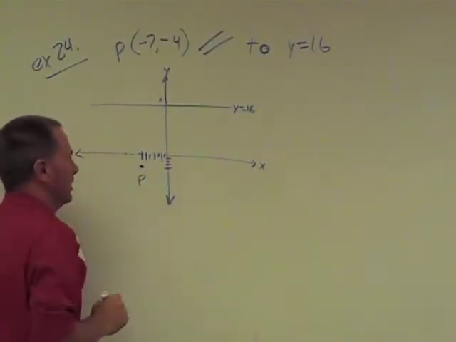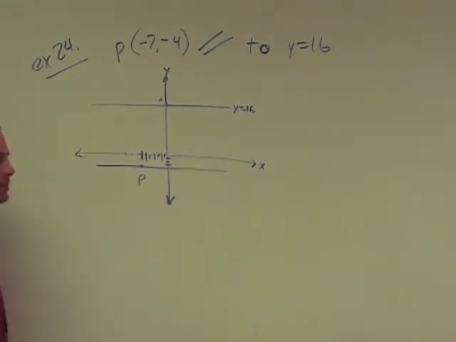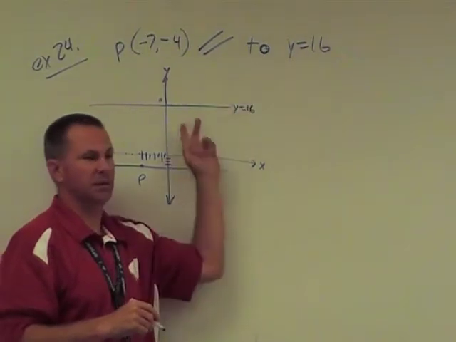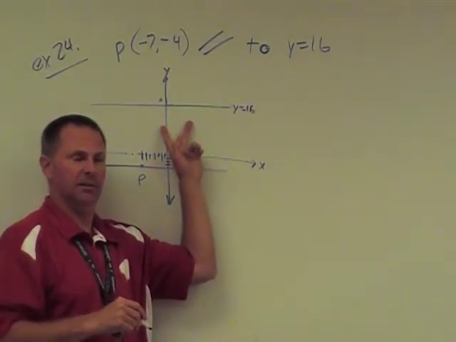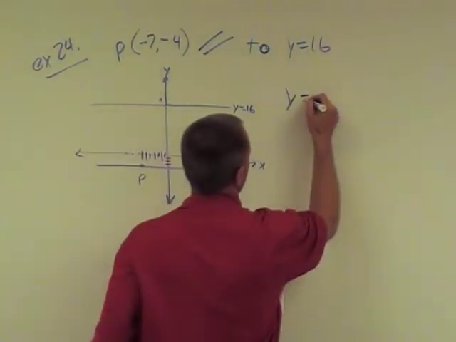That's point P. So I want the equation of this line. The other point would be 0, -4. Okay, that's your intercept, 0, -4. If the equation of this line is y equals 16, then y equals -4 is the equation of the new line.